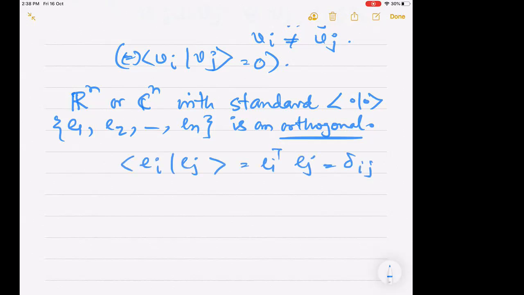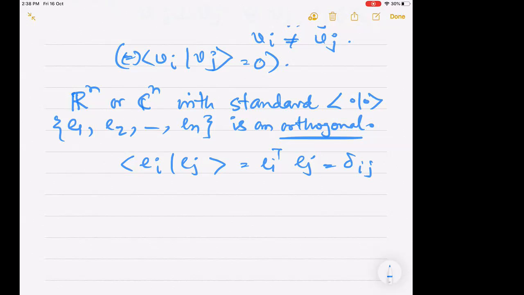So the idea of orthogonality is very simple. The dot product or the inner product of two vectors must be 0. We define orthogonality of two vectors first. Then we have a set which may contain various different vectors, and the set is called an orthogonal set if every possible pair is orthogonal to each other.